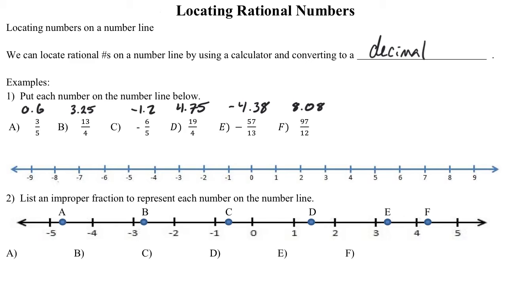Okay, so taking a look, I wrote the decimal version rounded to the nearest hundredths place for all of these values. And now we're going to start placing them on the number line and labeling them with their appropriate letter. So if we're looking at 0.6, we know that that number is going to be in between 0 and 1.